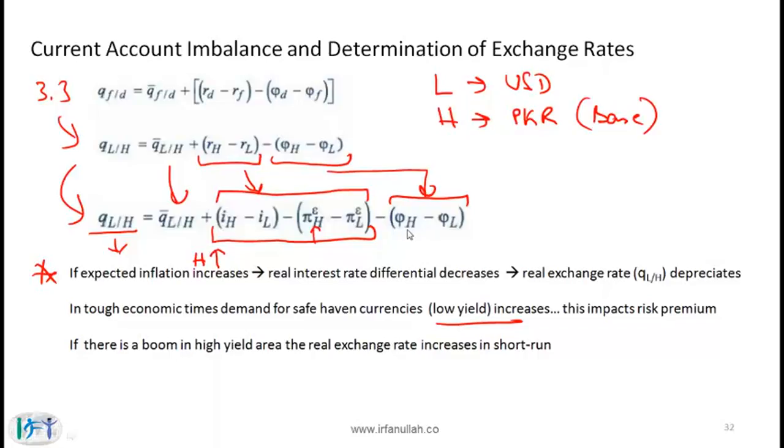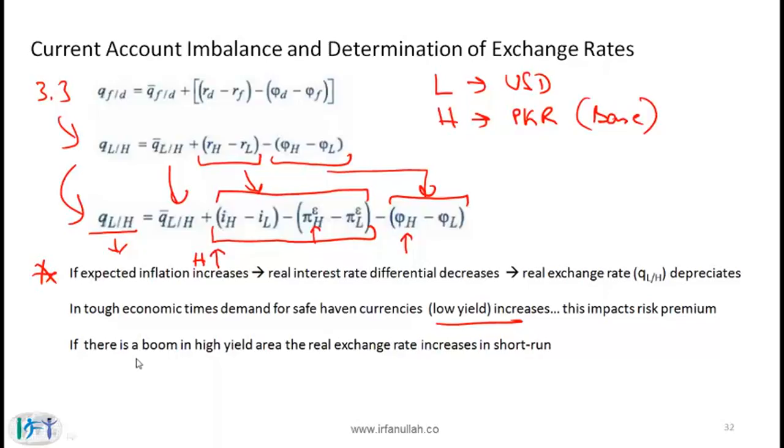So what's going to happen over here? The risk premium that investors would demand now for holding the Pakistani rupee, which is the high yield currency, will go up. If this number goes up, then notice what happens to the real exchange rate. So if this number goes up, then the real exchange rate goes down. In other words, the high yield currency, which is the Pakistan rupee here, will lose value.